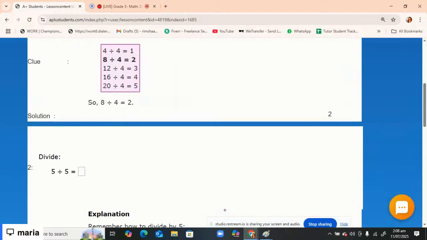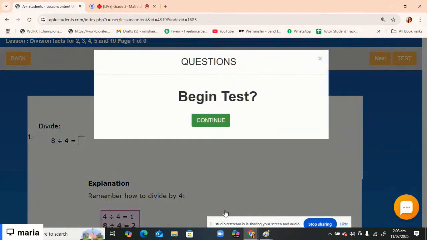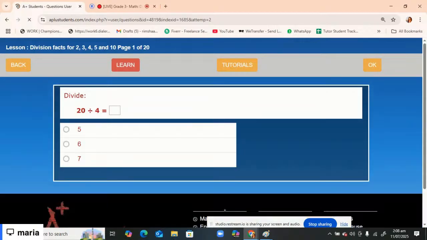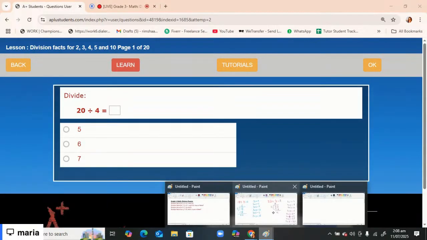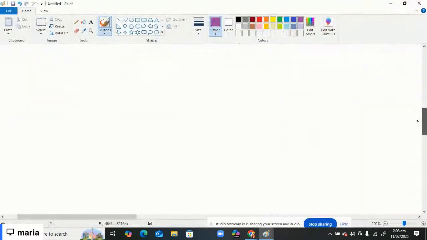Now let's do some test questions. 20 divided by 4. Let's do it, okay? So I'm going to write 20 divided by 4. Let's put the 20 inside and 4 outside.